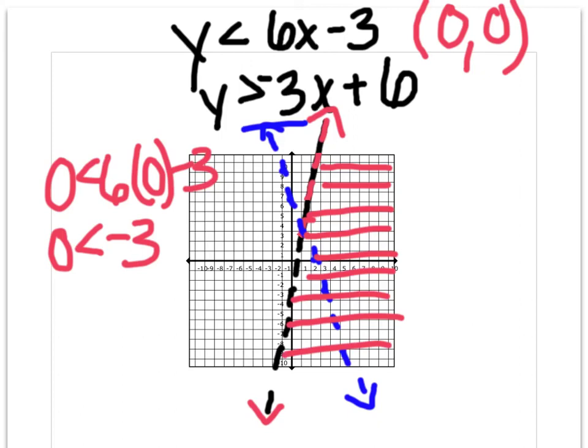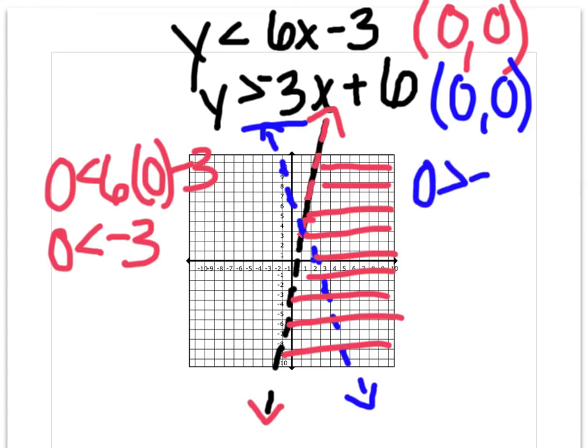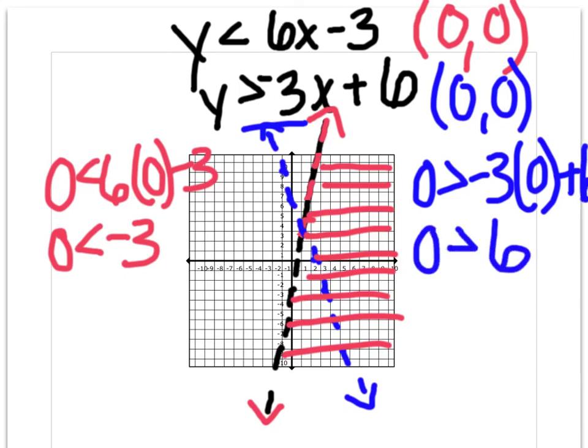Okay, now for the second line, we could also use 0, 0. So we'd have 0 is greater than negative 3 times 0 plus 6. So we'd have 0 is greater than 6, which we also know is not true, so we don't shade the side that 0, 0 is on. So this would be shaded.